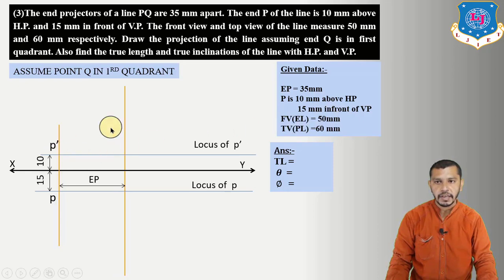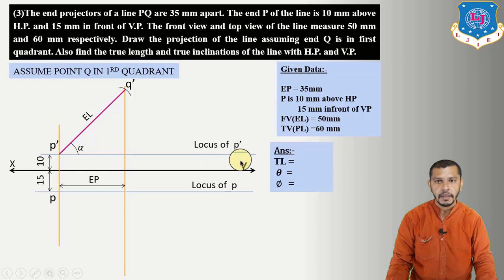Take center at P dash and give an arc on the projector of Q. So here we will get Q dash, because we have taken this arc having length equal to 50 mm, and 50 mm is our elevation length.